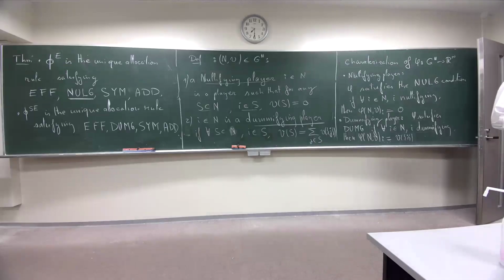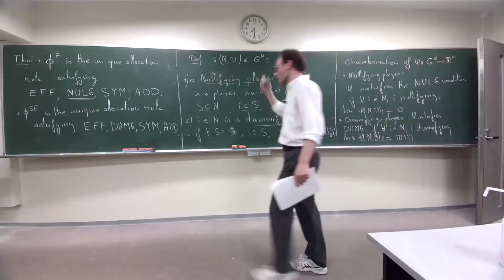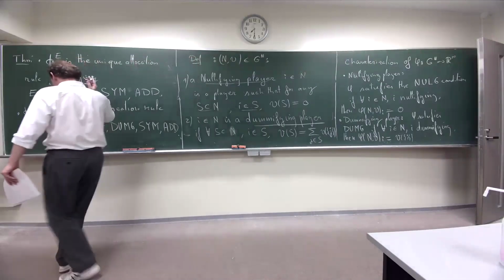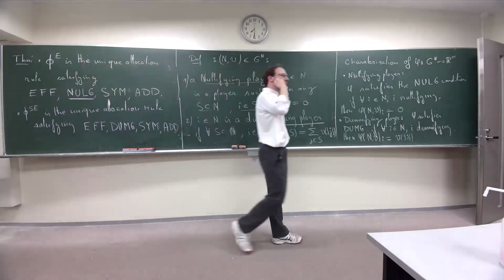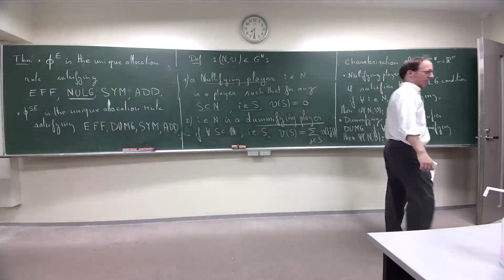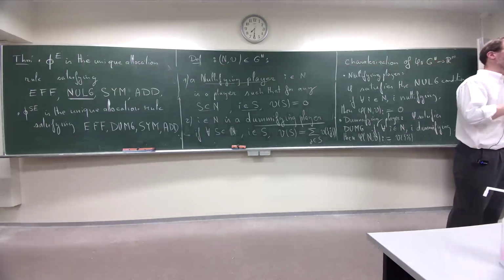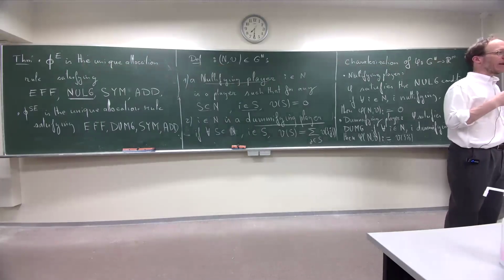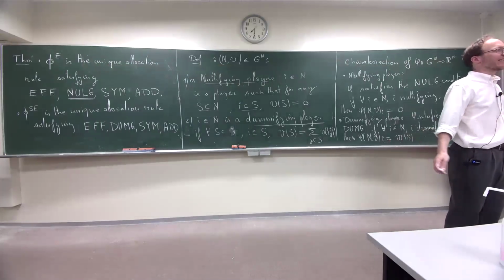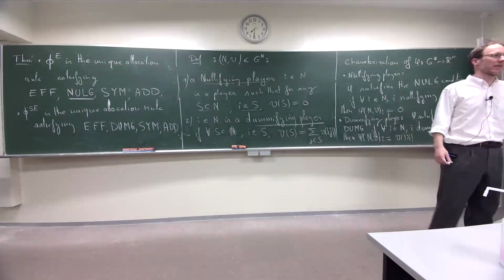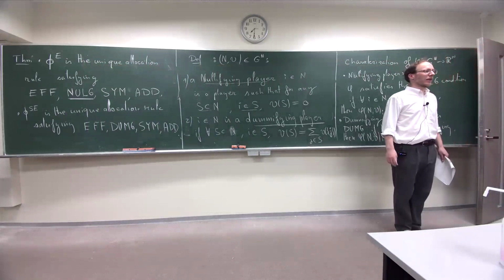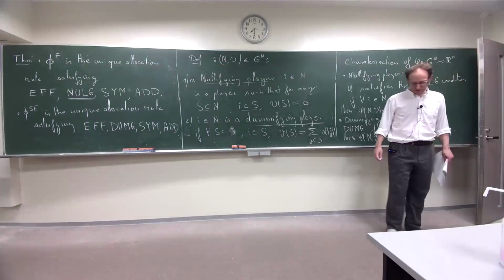Is the NPP rule different from nullifying player? Because that's also like null player. No, it's different. A null player is a player which doesn't bring anything. A nullifying player is worse. Whenever you have such a player, the coalition gets 0. So not only this player, but the entire coalition gets 0. But all nullifying players are necessarily null players, right?